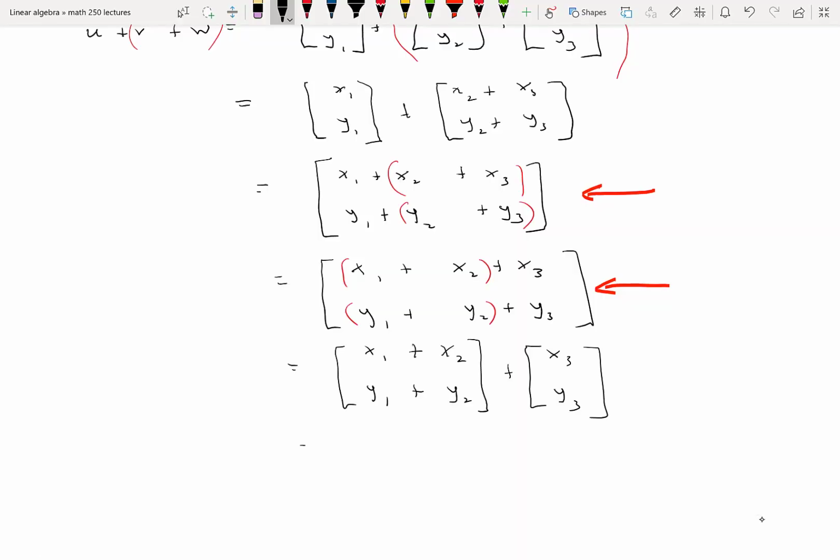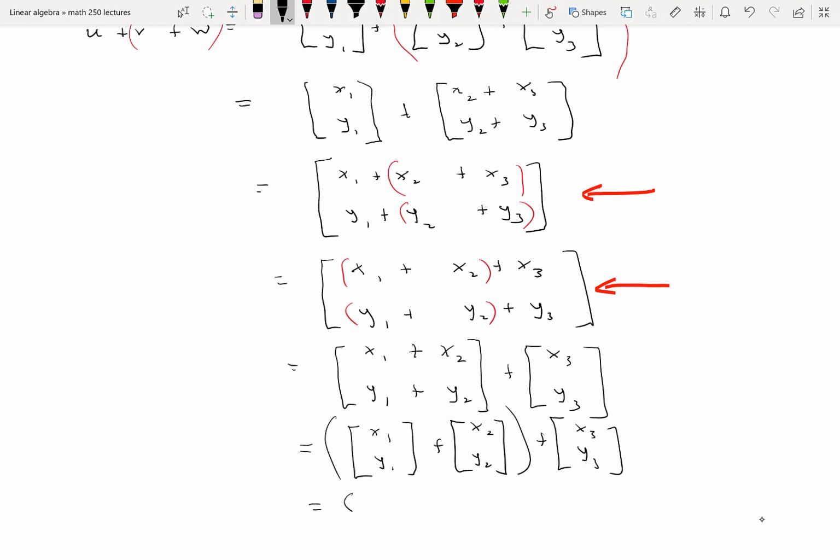Well, that first matrix is in fact u, x1, y1, plus v. And then plus that remaining straggling column vector x3, y3.